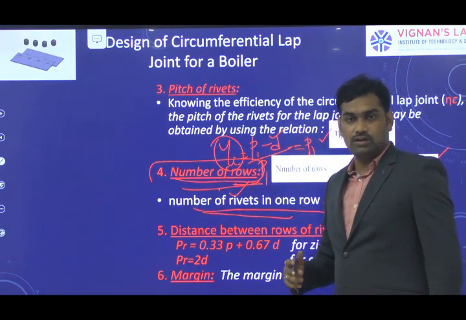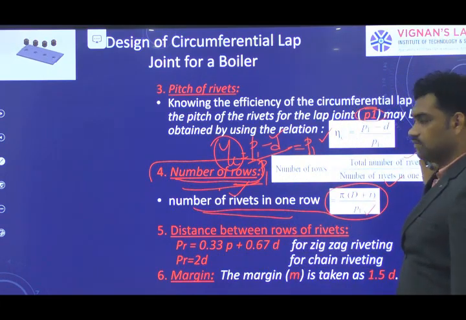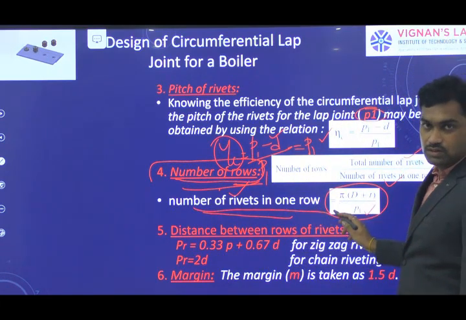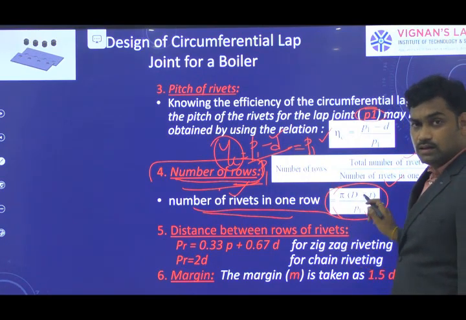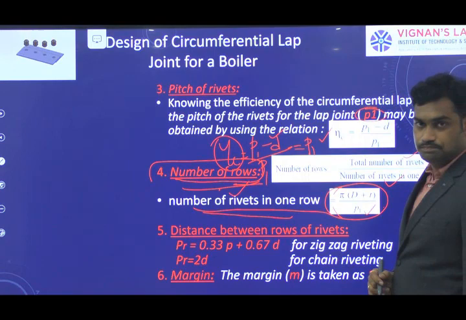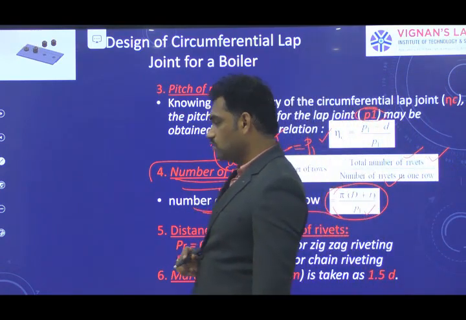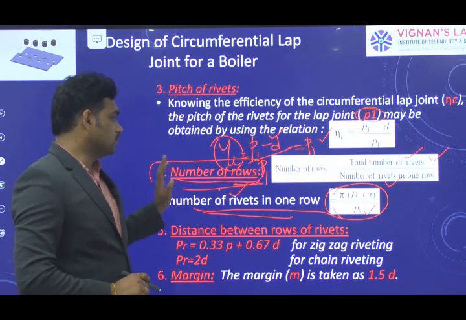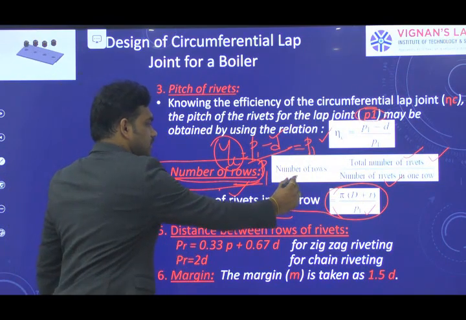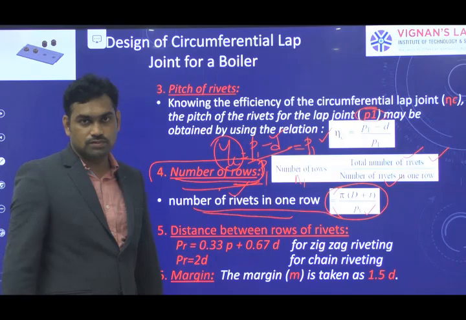That is the total number of rivets in a joint divided by the number of rivets in each row. Clear? The number of rows is denoted by N1.